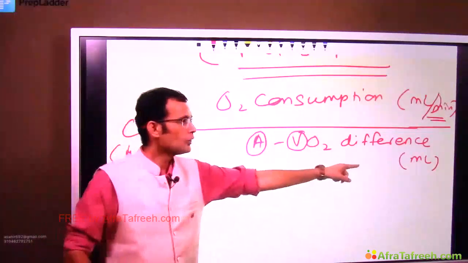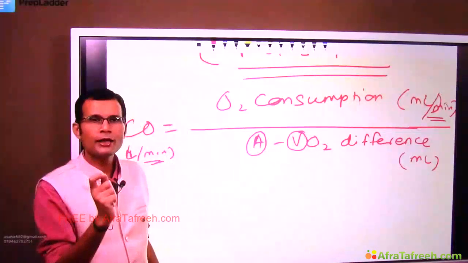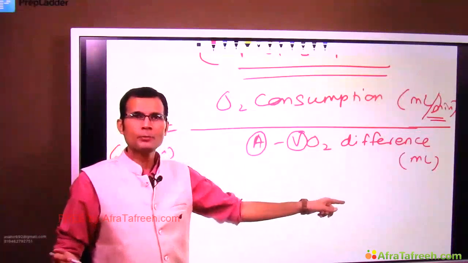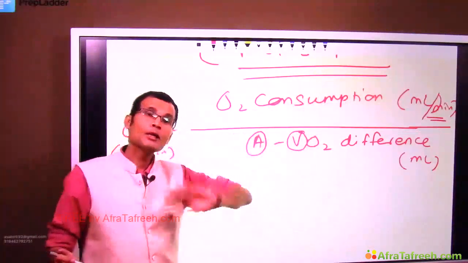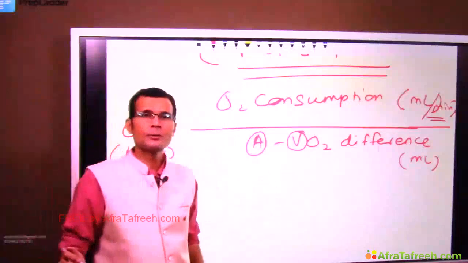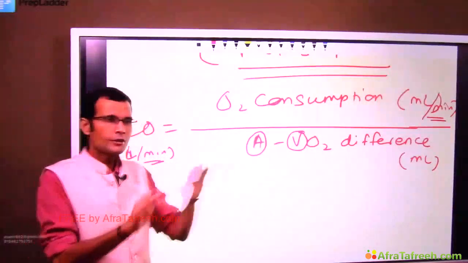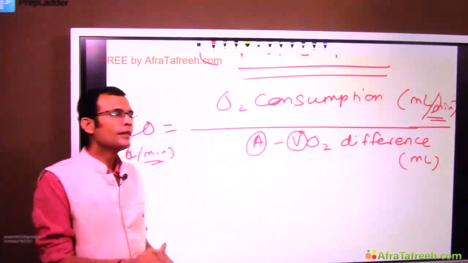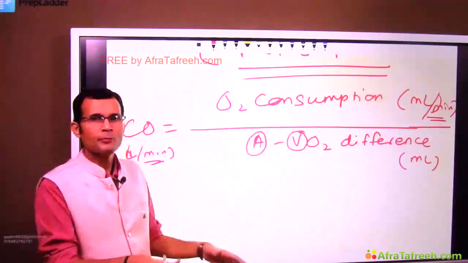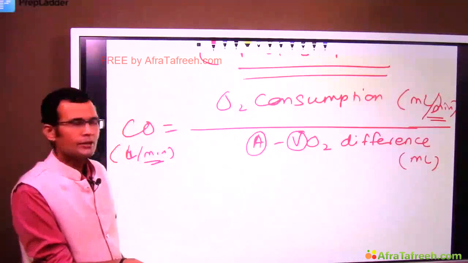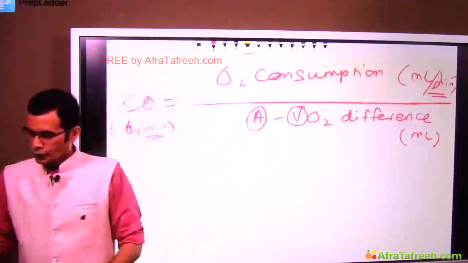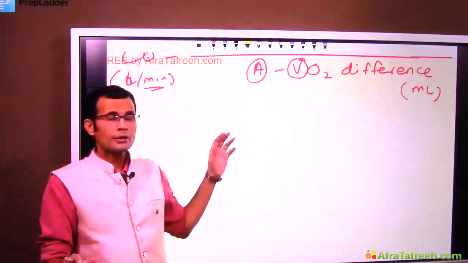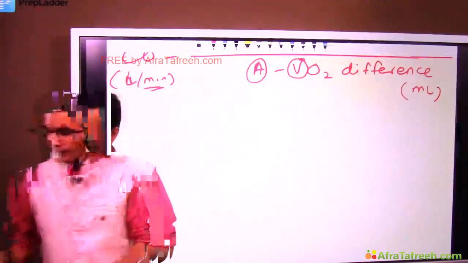So this is just one point of time, one time difference between these two samples, whereas that is per minute, for the entire duration of 1 minute. So these are not the same units also, numerator and denominator, and therefore it can't be same numerator and denominator. So oxygen consumption by the entire body in ml per minute.